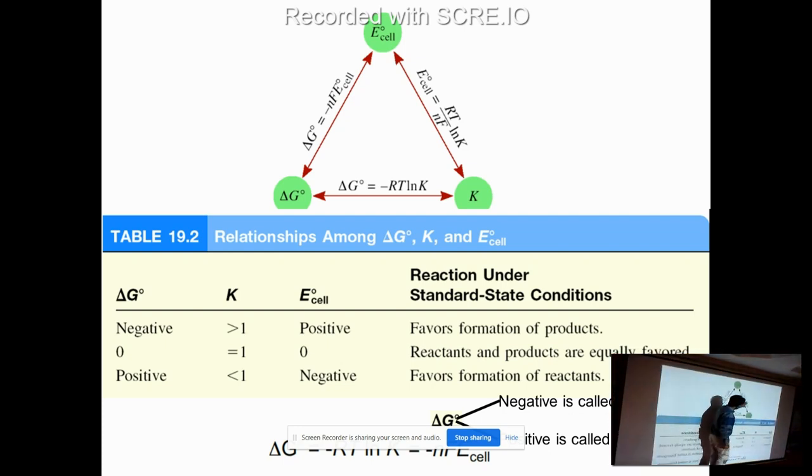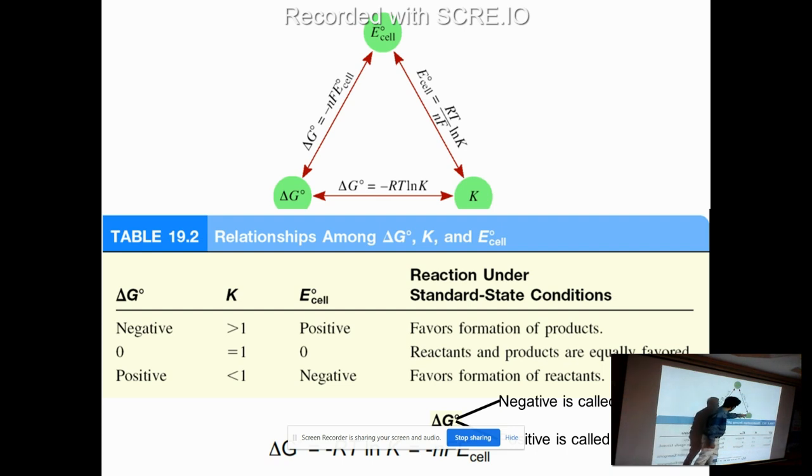Because just now we have come across delta G is equal to minus nFE. We already know from thermodynamics delta G is equal to minus RT ln K. Remember what is K? Equilibrium constant. K is the equilibrium constant. Now we already understand the Nernst equation, E equal to E naught plus RT by nF of this, we understood.